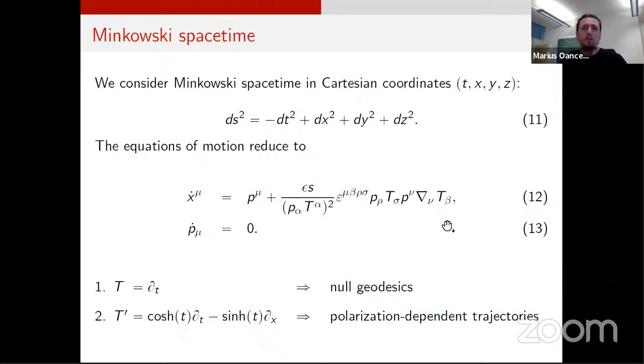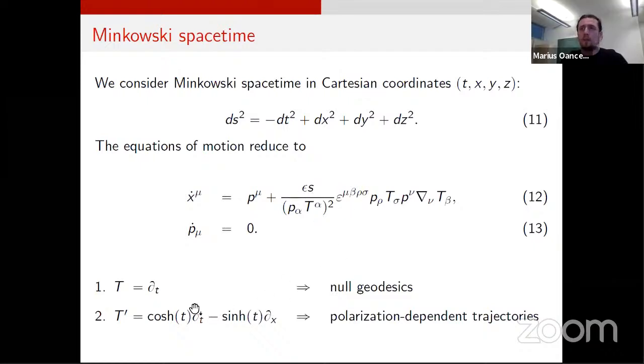Now we can just make different choices for t and see what we obtain. The most obvious choice would be to choose t as the standard observer in Minkowski, in which case this second term is 0 and we obtain null geodesics, regardless of the value of epsilon or s.